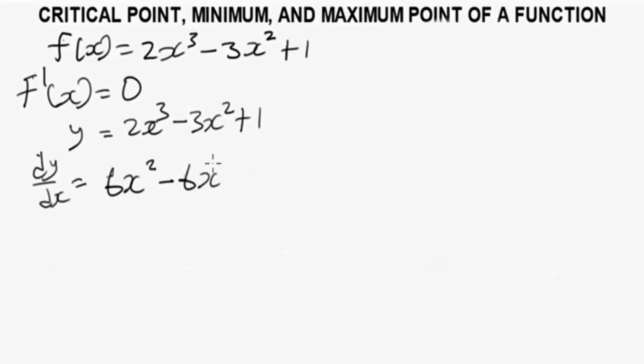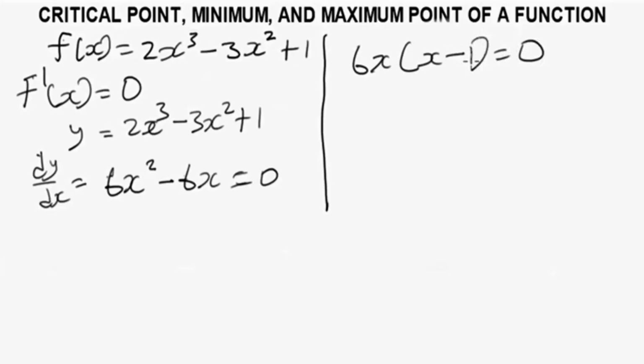When you differentiate the constant plus 1, you get 0. Equals 0. Okay, so now let's factorize this. When you factorize it, you're going to have 6x in brackets x minus 1 equals 0.